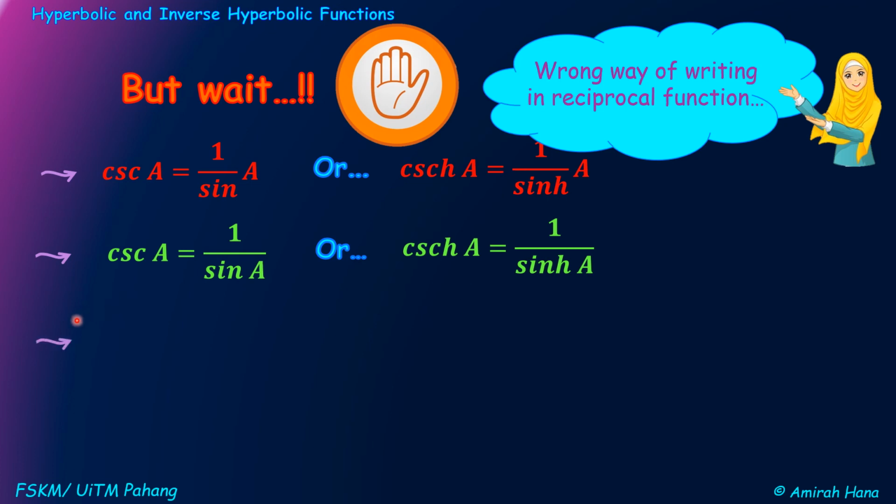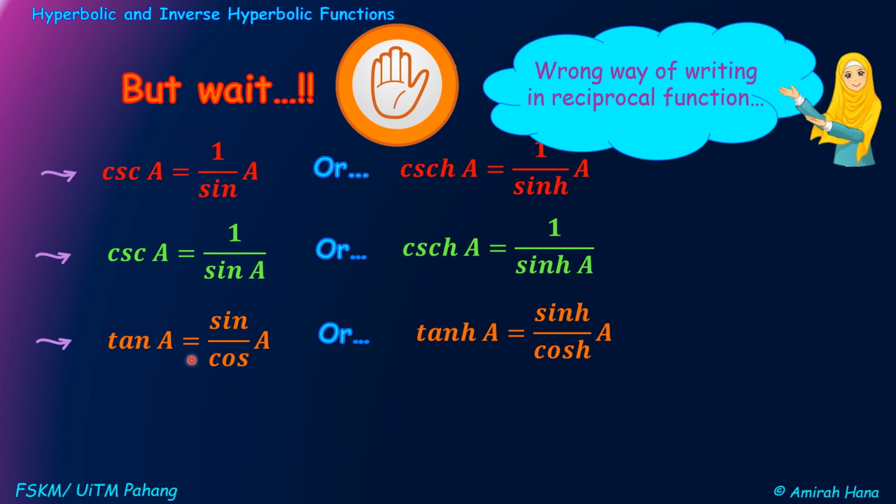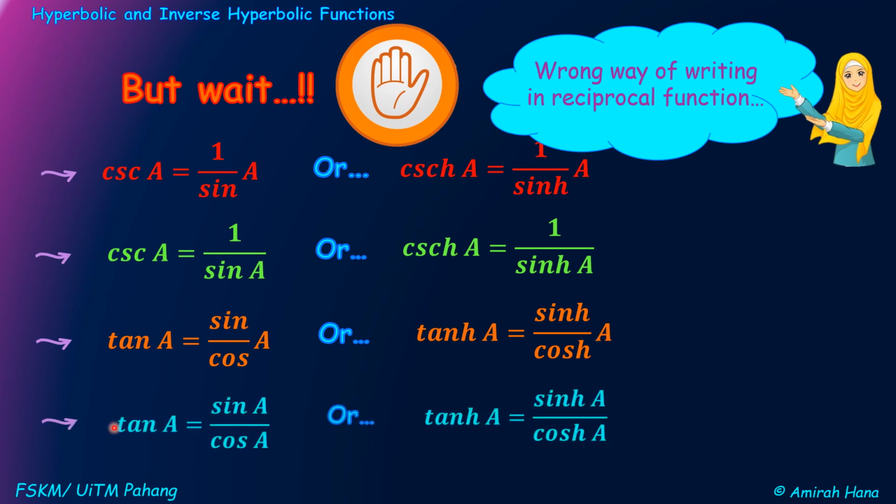Let me look at another example. Tangent A equals sine over cos A. This is wrong. Or tan A equals sin over cos, and then they put A here. This is also wrong. The correct way is tangent A equals sine A over cos A. We put A beside sine and we put A beside cos.